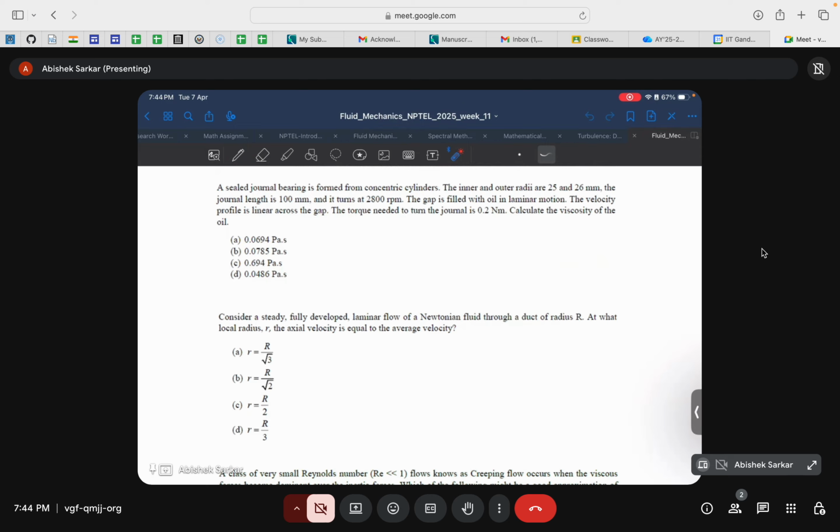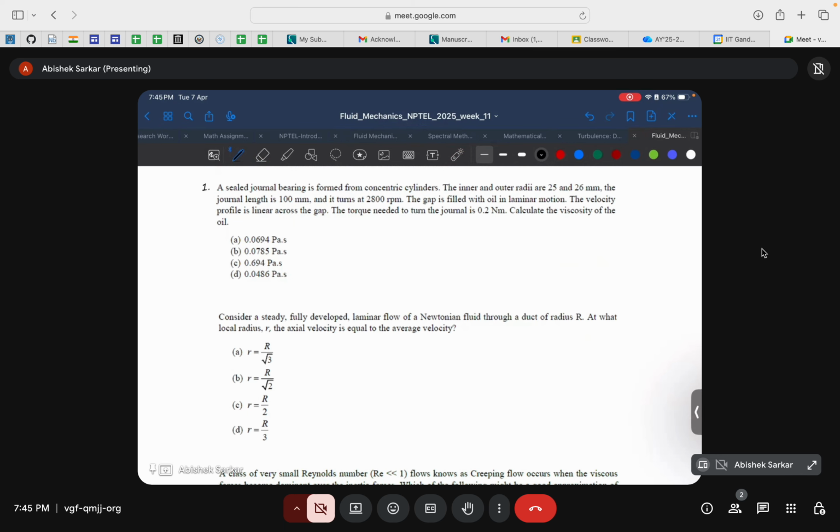Okay. So the question is, a sealed journal bearing is formed from concentric cylinders.